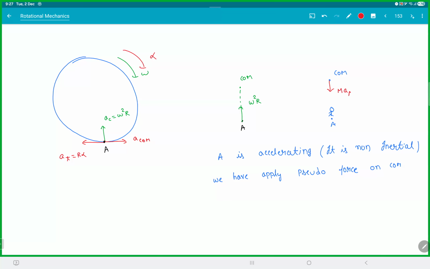This will be mass into acceleration of A. This is the pseudo force, and this thing passes through point A. I know it looks like a lot of work, but at a mains level, this thing will save you a lot of time. Therefore, torque of pseudo force about center of mass is 0. About point A is 0. You cannot do this for any other point. For every other point, the pseudo force will not pass through that point.